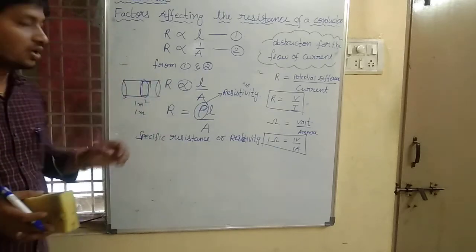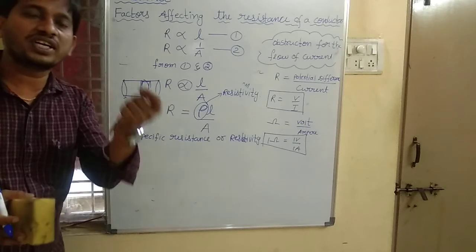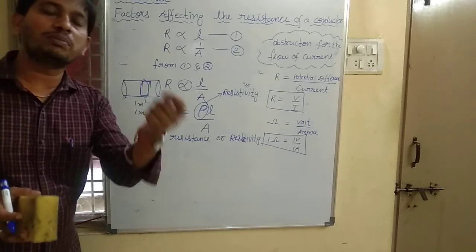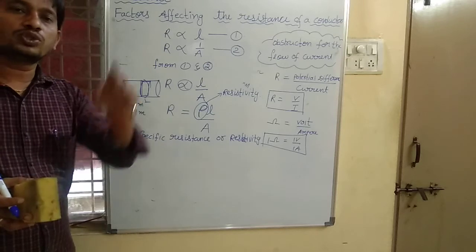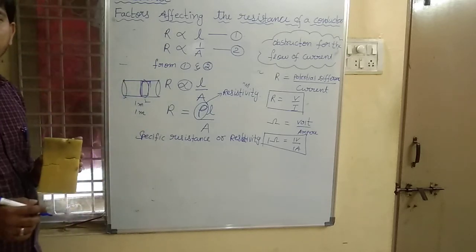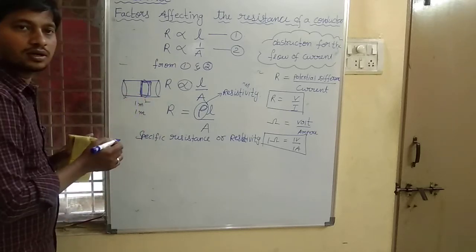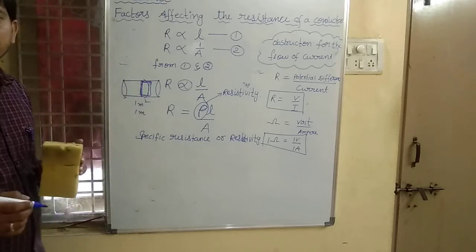From that conductor, you take a specific dimension, whose area is 1 meter square and whose opposite faces forming a cube are 1 meter apart.